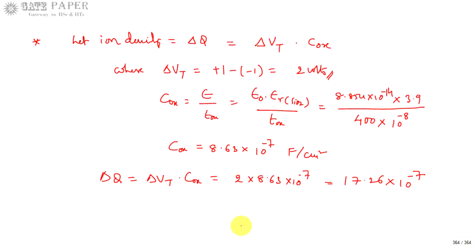This many ions have to be used. This is the ion density, and now we are going to calculate the ion implantation dose required.